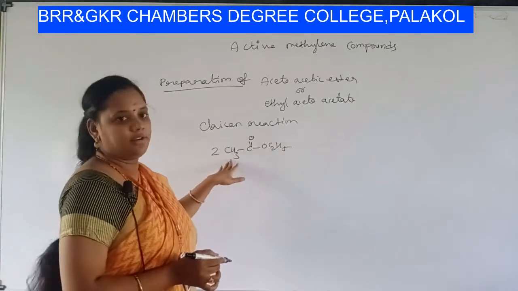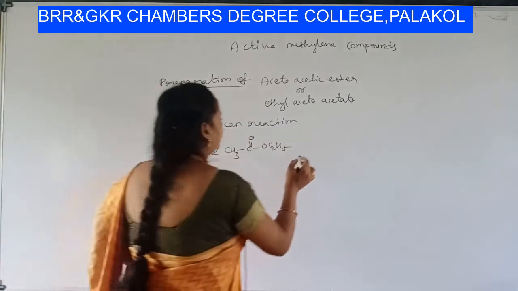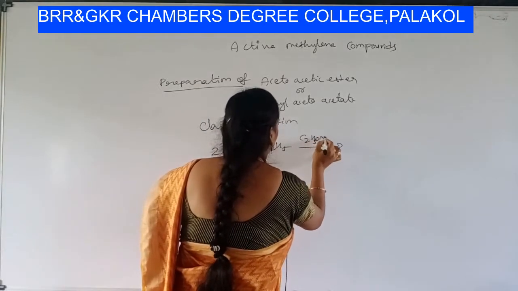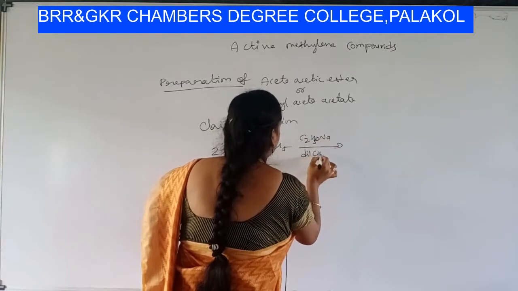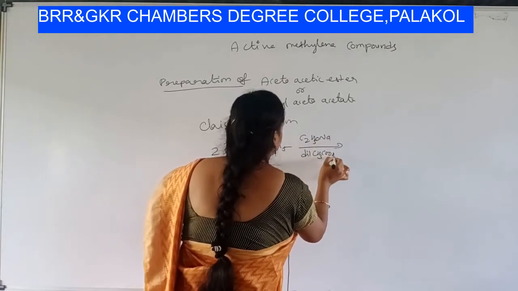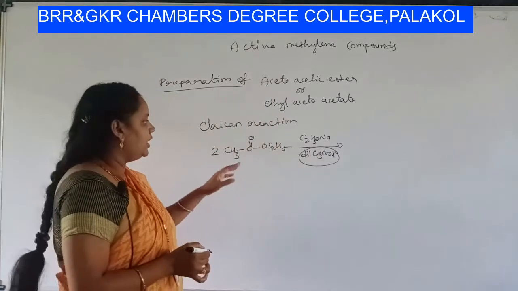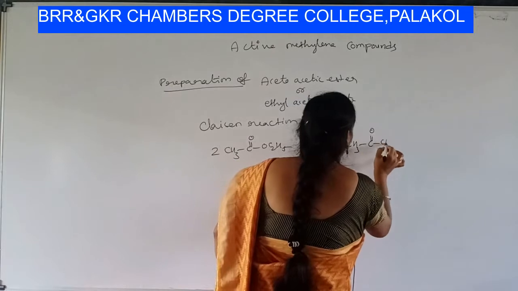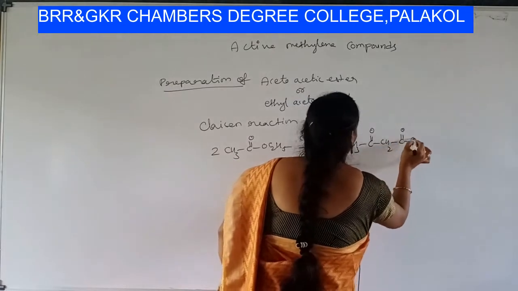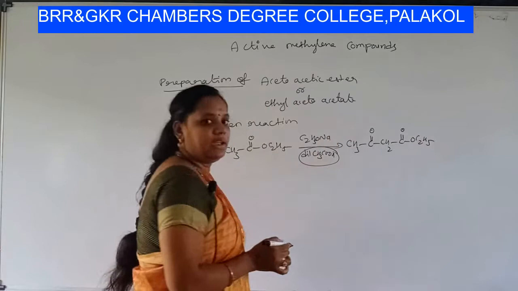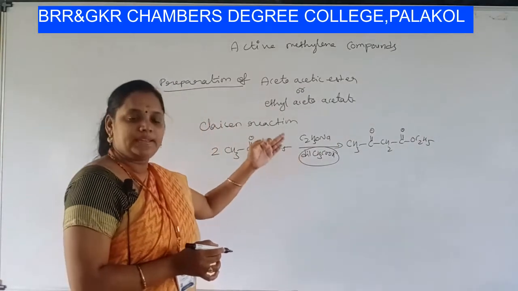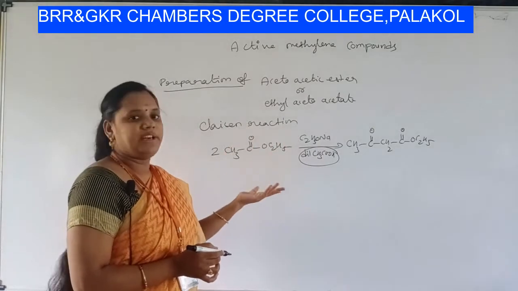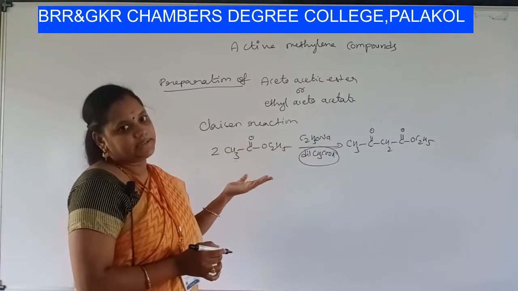When 2 moles of ethyl acetate are treated with sodium ethoxide C2H5ONa in the presence of a few drops of dilute acetic acid, you will get CH3 C double bond O, CH2 C double bond O, OC2H5. What will you get? Ethyl acetoacetate, which can also be named acetoacetic ester.